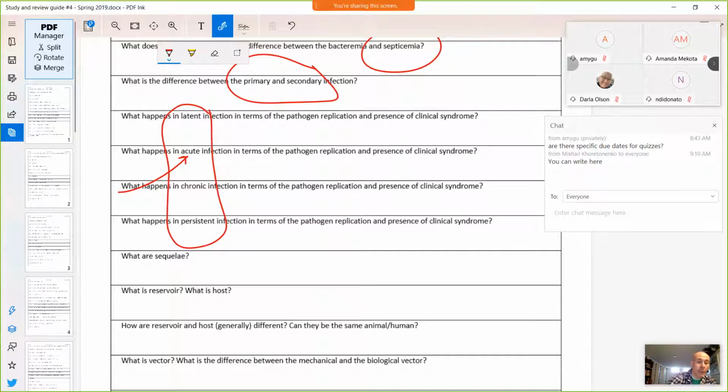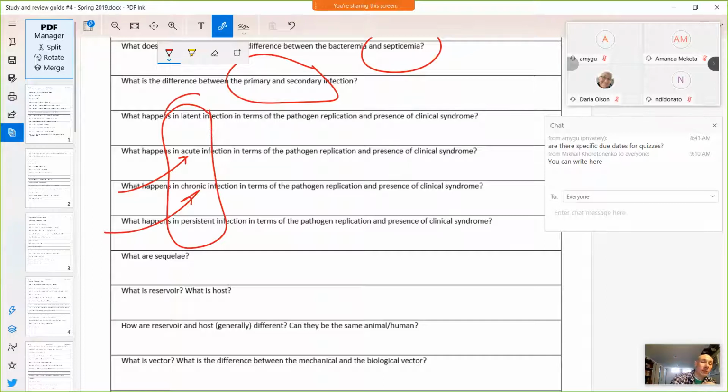Chronic infection. The microorganism lingers on for a long time. Leprosy is an example of chronic infection. Hepatitis B or hepatitis C is an example of chronic infection. Usually in chronic infection, the symptoms are a bit muted, maybe a bit blunted. They're not as pronounced.